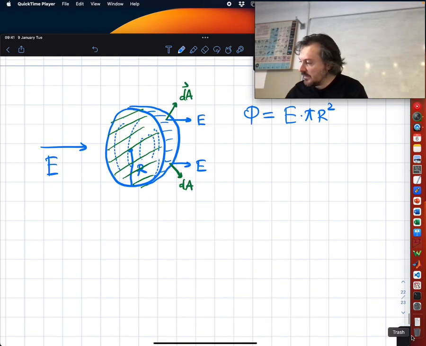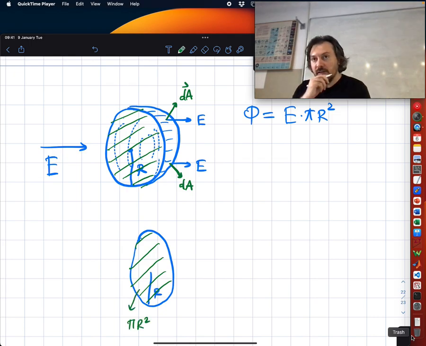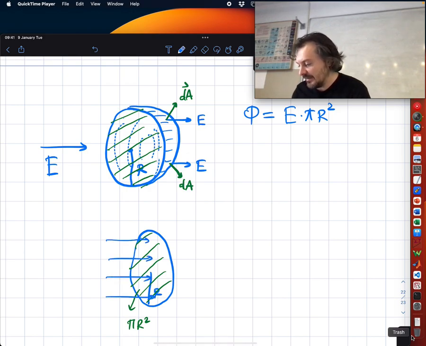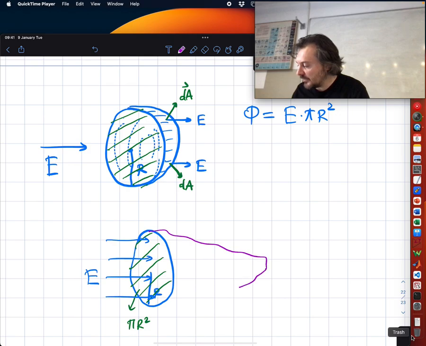So let me just put area here. So this area over here is pi r squared, right? That's the area that catches all the perpendicularly flying butterflies of electric field, right? It doesn't matter how the rest of the thing looks like.